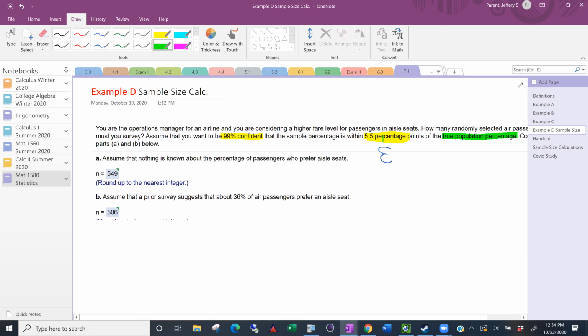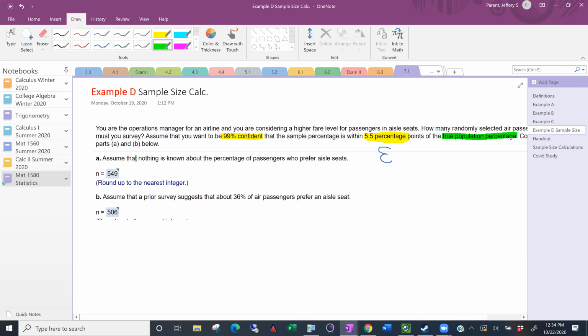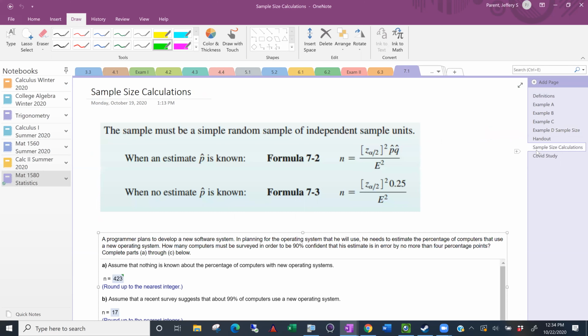So if we want to be within 5.5%, then how many samples should we draw? Well, that's where we need our sheet here. Now there are two cases. In the first case, part A, assume that nothing is known about the percentage of passengers who prefer aisle seats. So we've got nothing, and that actually makes the calculation a little bit easier.